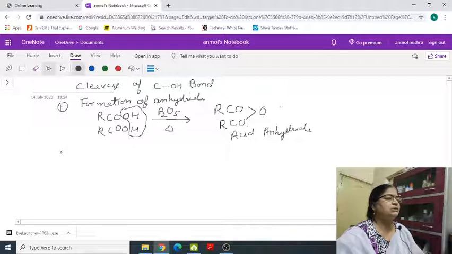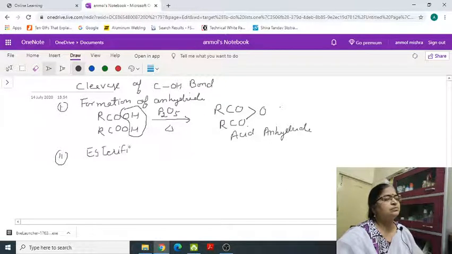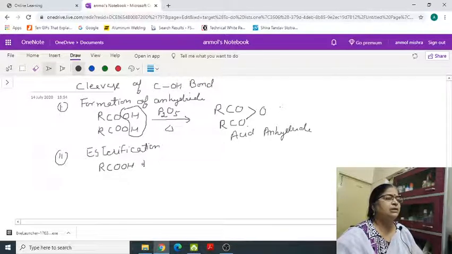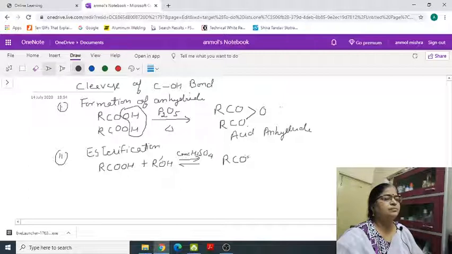Second example is esterification. Now esterification: when carboxylic acid reacts with alcohol in the presence of concentrated sulfuric acid, it forms ester, a sweet smelling compound.